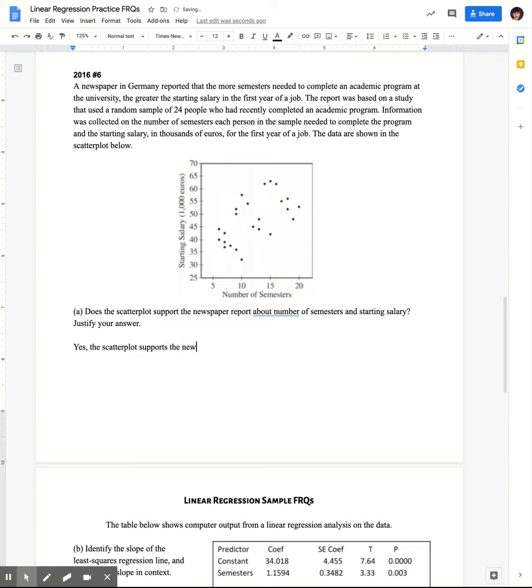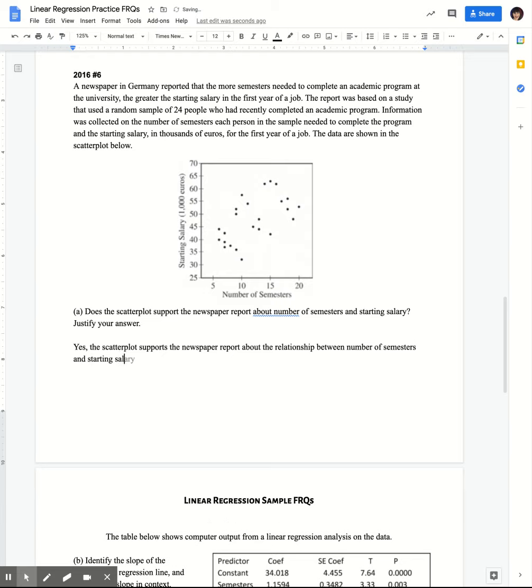supports the newspaper report about the relationship between number of semesters and starting salary. Okay. The scatter plot shows a positive association between these two variables, right?